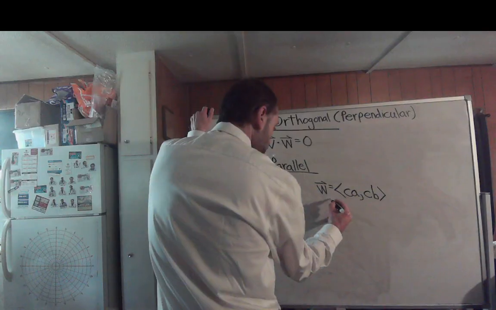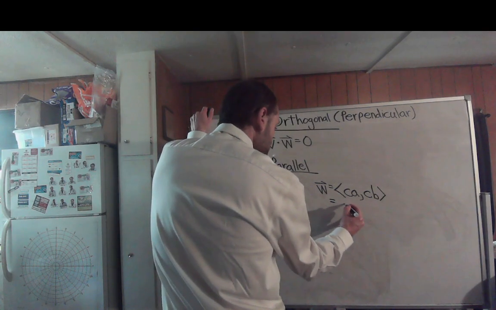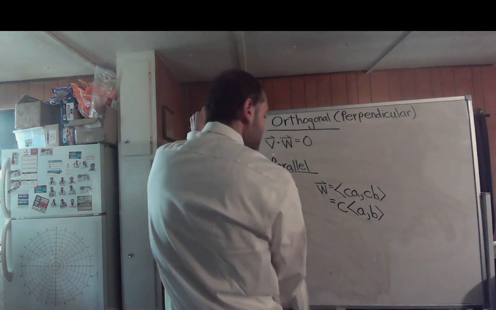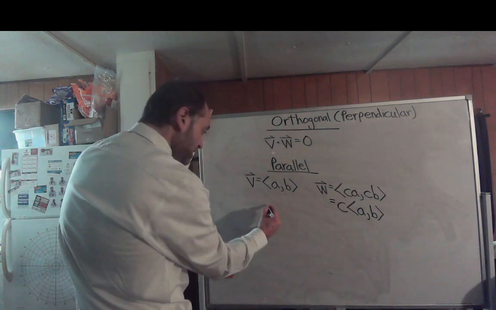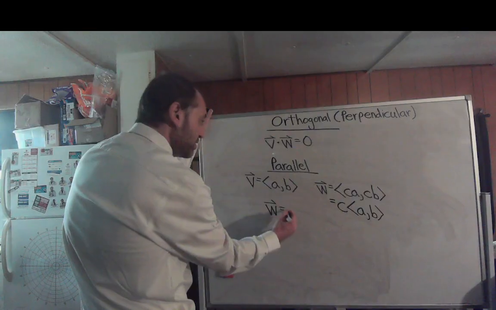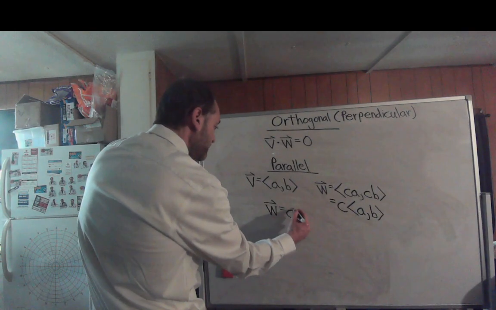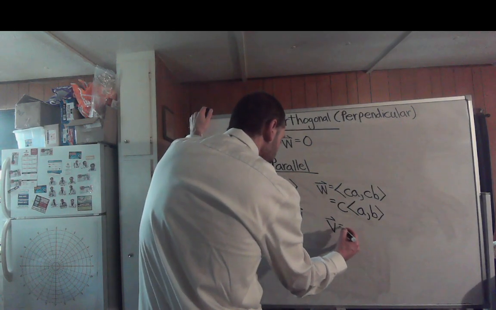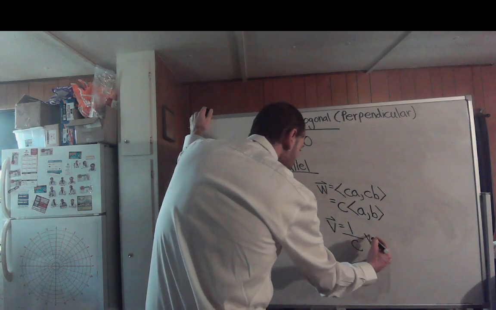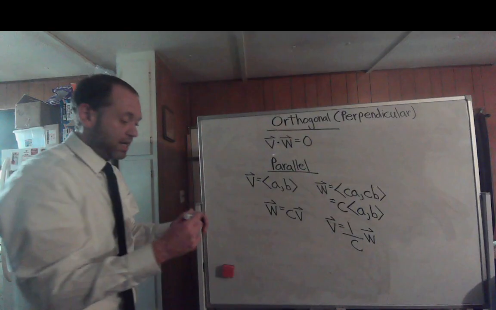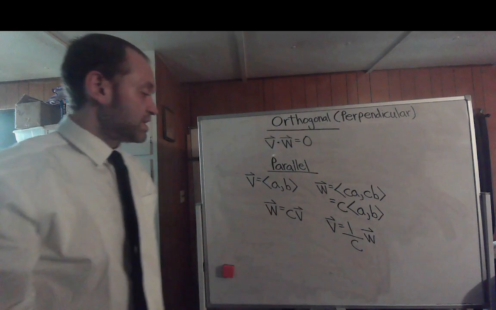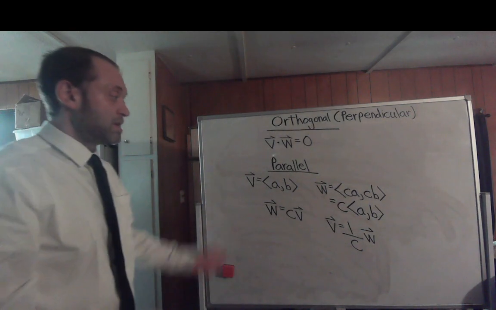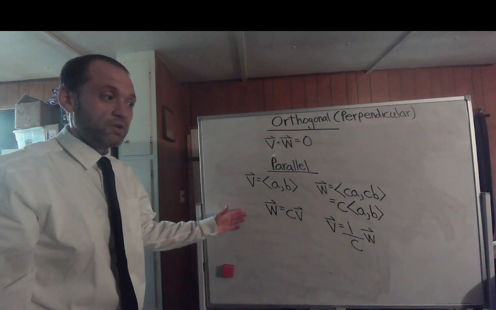So with w, we can definitely factor out a c times vector ab. So that means we can fundamentally say that vector w equals c times vector v. Or on the flip side of that, we could say vector v equals 1 over c times vector w. You could say either way. As long as one's a scalar multiple of the other, then the two vectors are parallel.